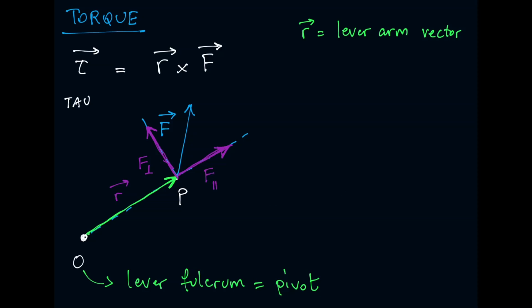If you remember the properties of torque, the magnitude of the torque vector is precisely the length of the lever arm, times the magnitude of the force F, times the sine of the angle between them. Or in other words, it's R times F perpendicular.